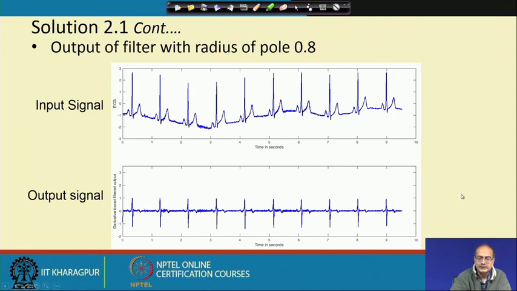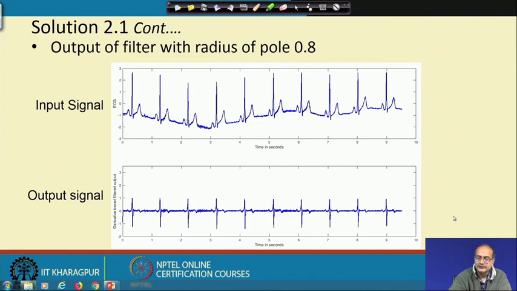Here also the baseline wandering is removed, and the amplitude of the QRS complex, though not the same as the original signal, has increased compared to the previous case, though there is no sign of the P and T waves in the output. They are still completely lost.